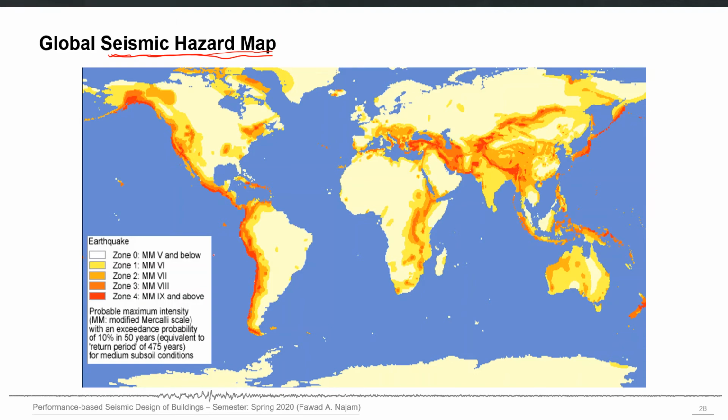So in this map you can see the color is indicating the modified Mercalli intensity scale, and based on the ranges of the MMI scale, for example, MMI 5 and below is called zone 0, and that is represented by the white color here, and then we have MMI number 6, which is yellow, then orange, and then red means MMI 9 and above.